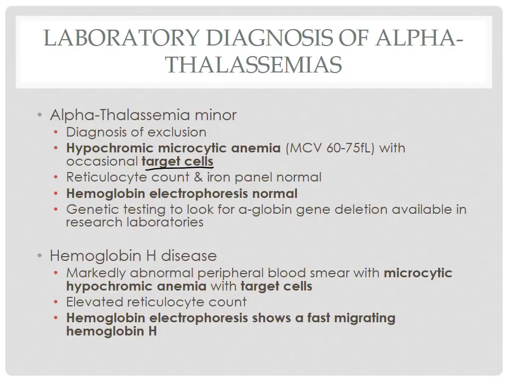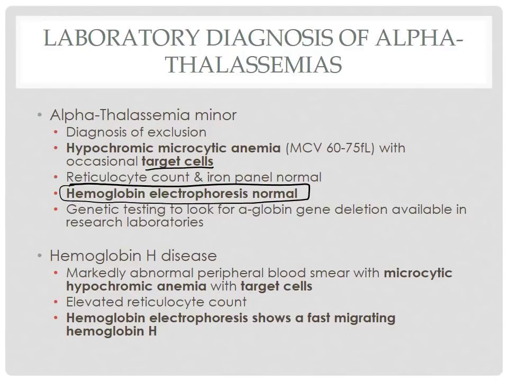They'll have normal reticulocytes and normal iron. They will have a normal, this is important to remember, normal hemoglobin electrophoresis for alpha thalassemia minor. There are some genetic tests that can look for the alpha gene deletion, and this would be important for family planning purposes.